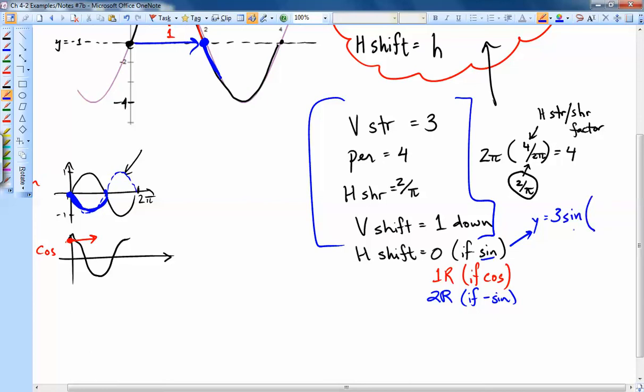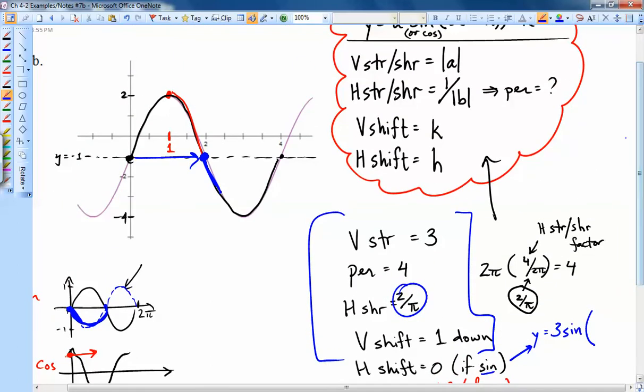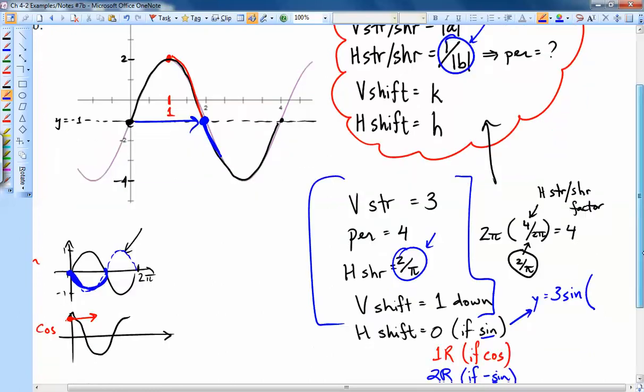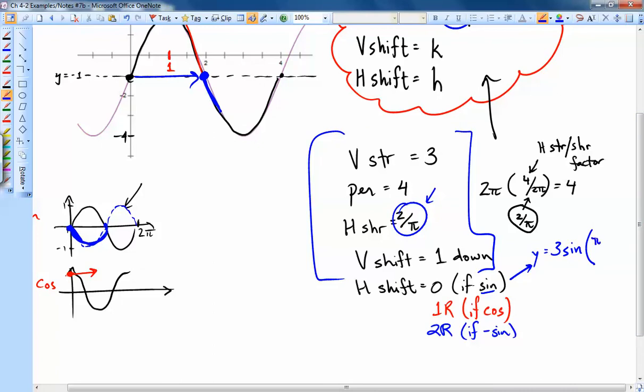And then my b is not this. Remember, that's 1 over b, right? So b is really pi over 2. You have to flip them. If I flip this, I get pi over 2. And the b is what goes here, pi over 2, parentheses.